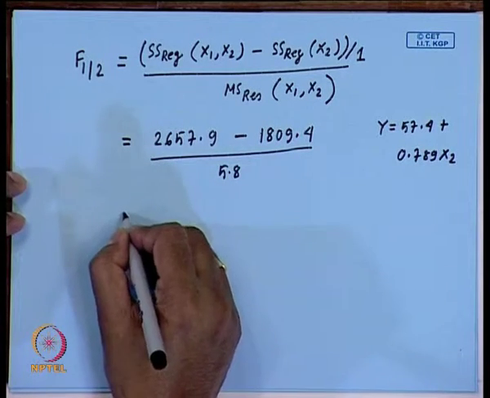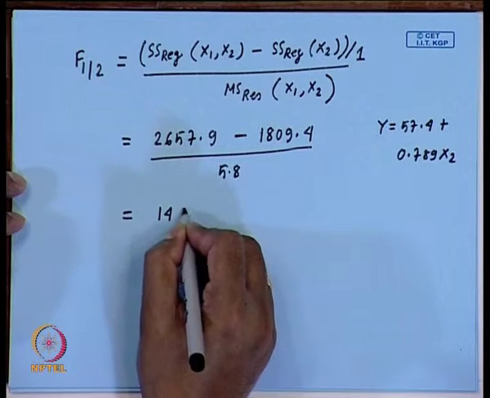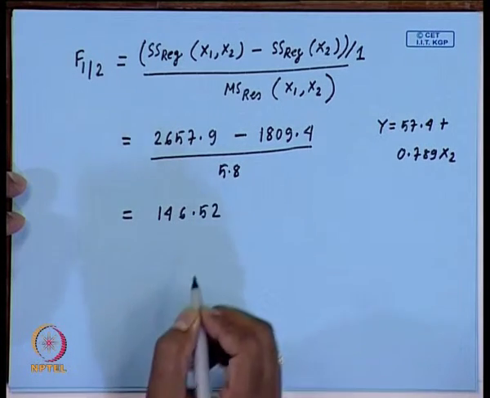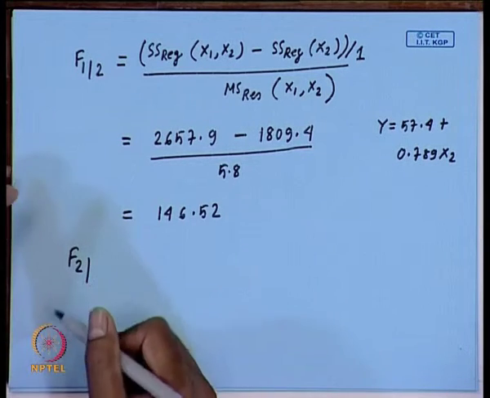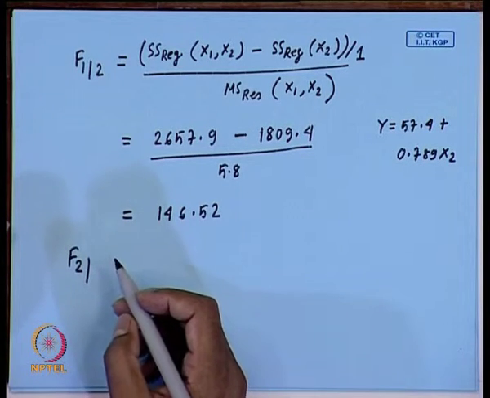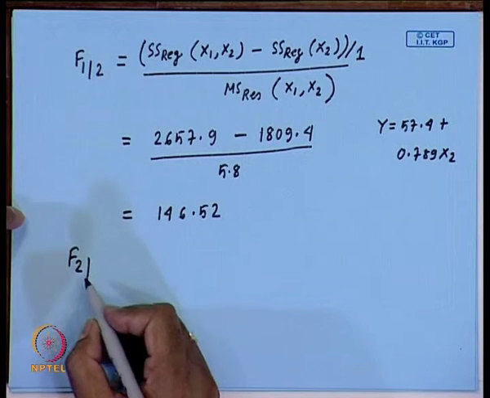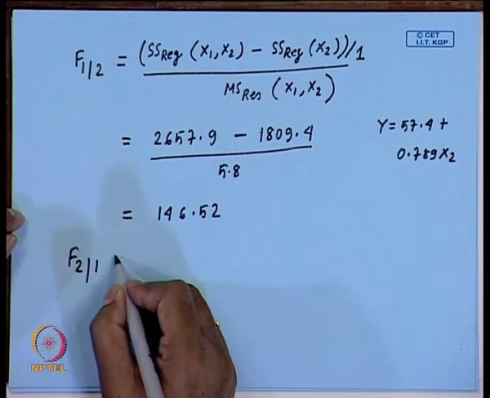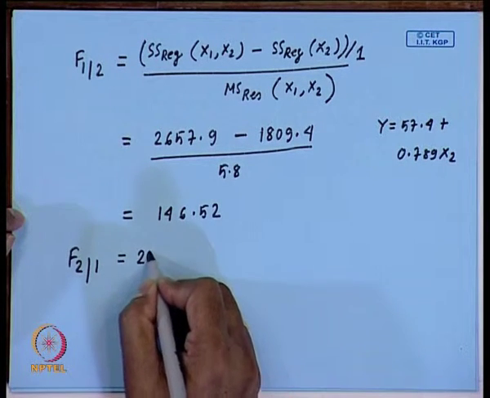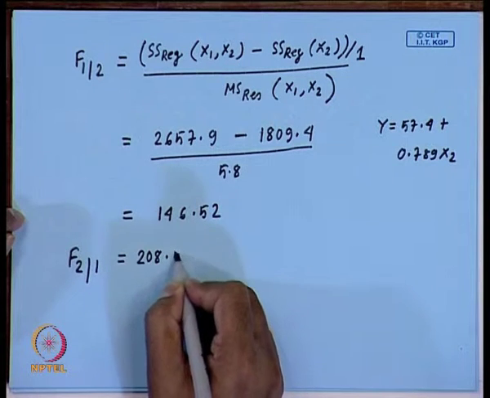Okay. So, the partial F value is going to be 146.52, and similarly you can check that F21, the partial F statistic associated with x2 in the presence of x1, is equal to 208.58.